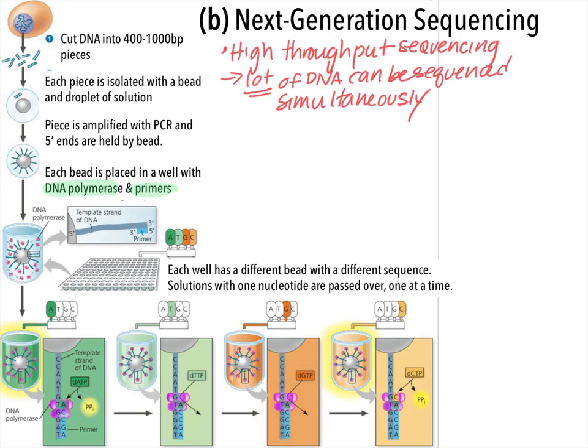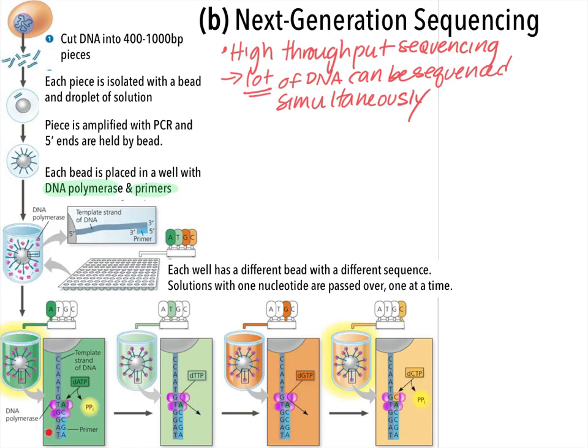But not every single sequence in each of the wells is going to need a nucleotide containing the A base to add first. Only the sequences that have a T on the template next will need a nucleotide containing A first.